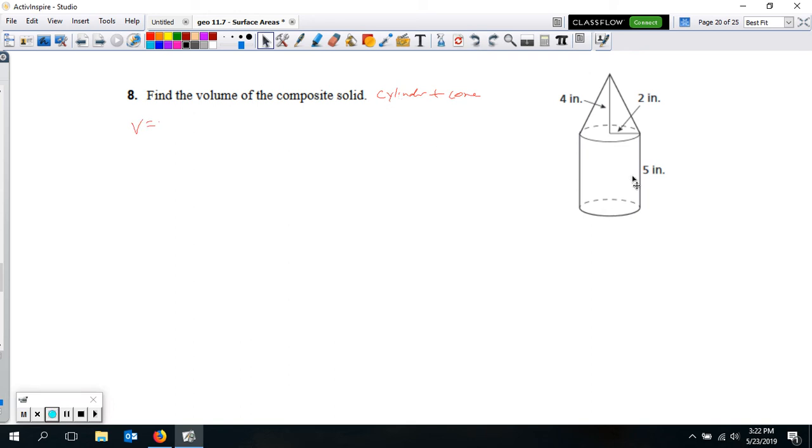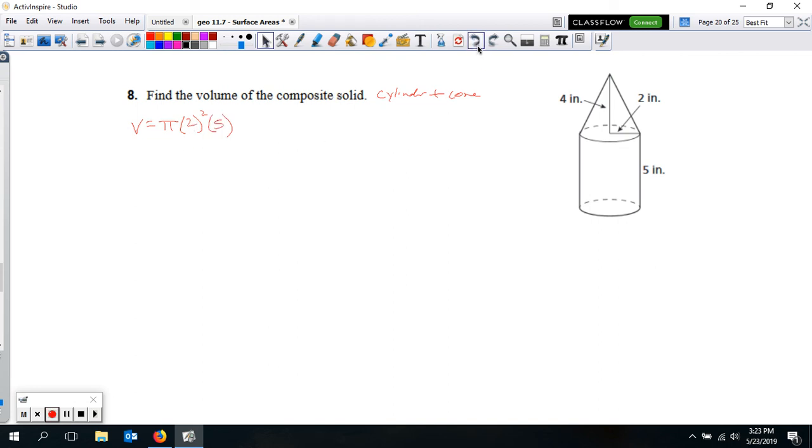The radius is 2 inches, the same for both the cone and the cylinder. So it's pi r squared, and 2 is r. So pi times 2 squared, that's your base area, times the height of the cylinder, which is 5. That's our cylinder's volume.